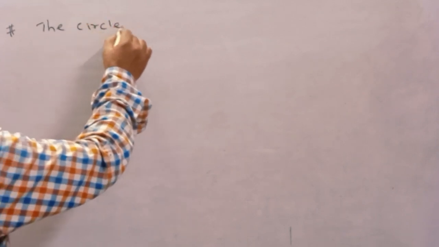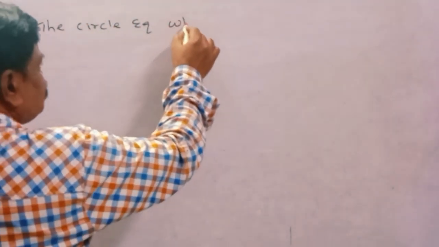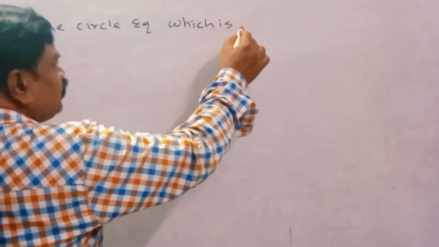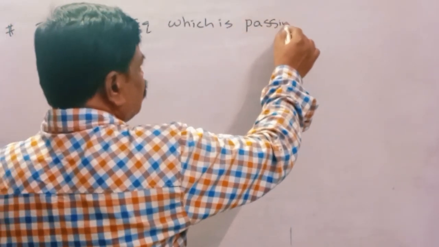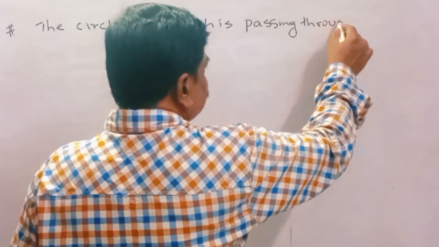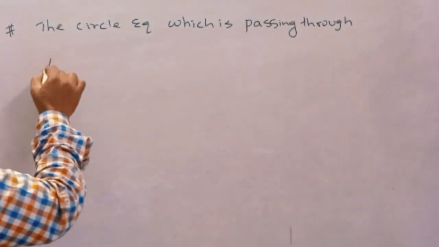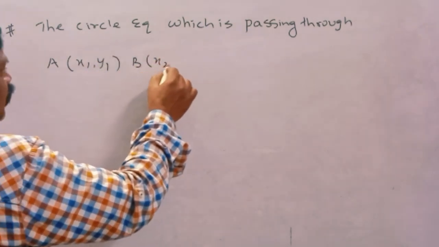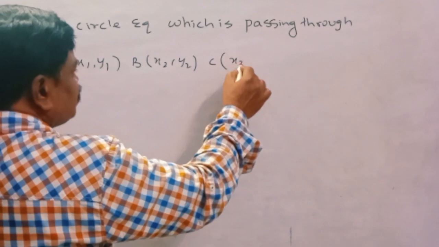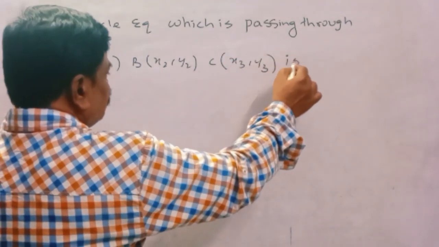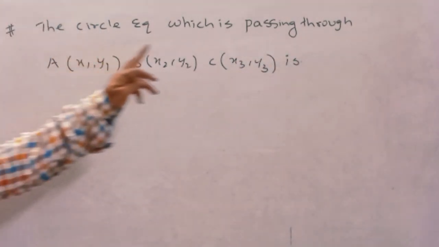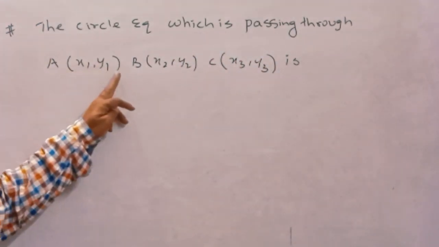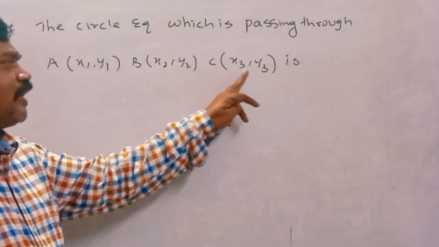Now you see, all of you, the circle equation which is passing through A(x1, y1), B(x2, y2), C(x3, y3).